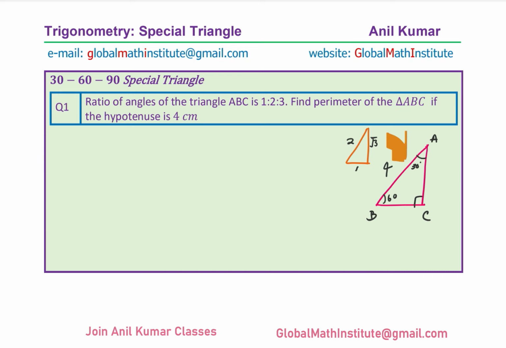So double the sides, times 2. So if I multiply by 2, what will be BC and what will be AC? Well, the hypotenuse being 4, this side will be 2 and this side will be square root 3 times 2, right? You see that.